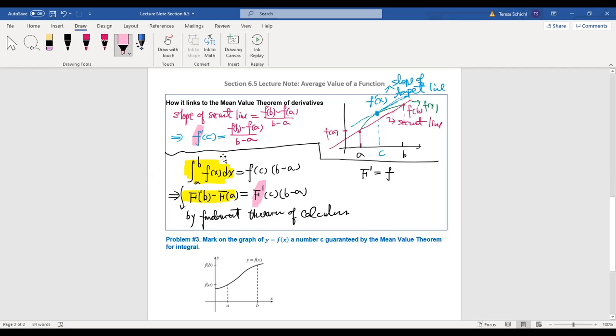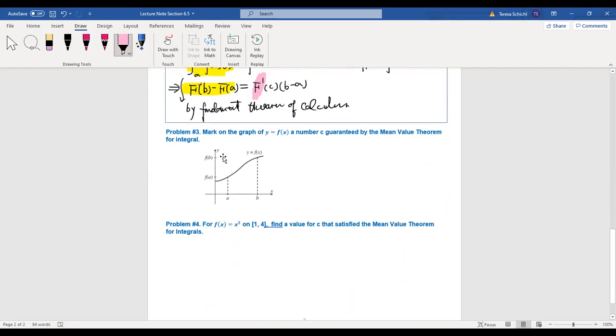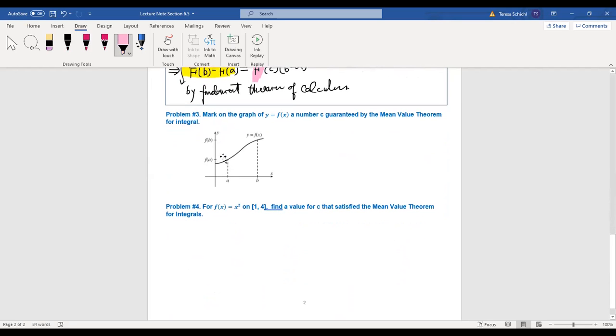Okay, so now let's extend this concept to see what we can do with it. Here they say mark the function, right? So we can guarantee there's a c that satisfies the mean value theorem of the integrals.